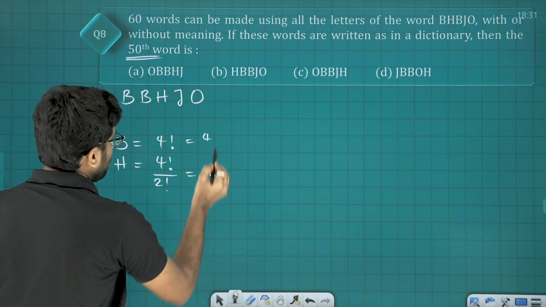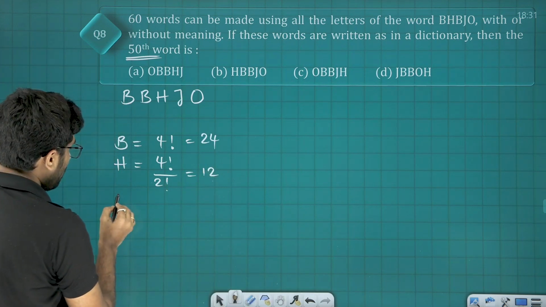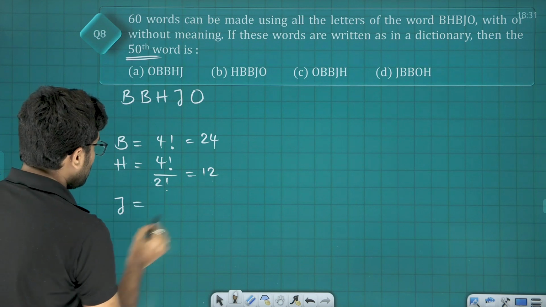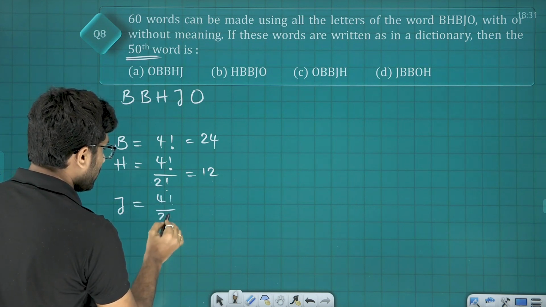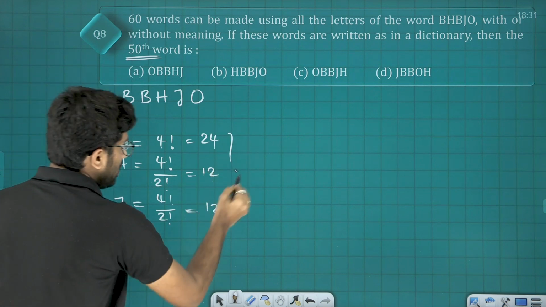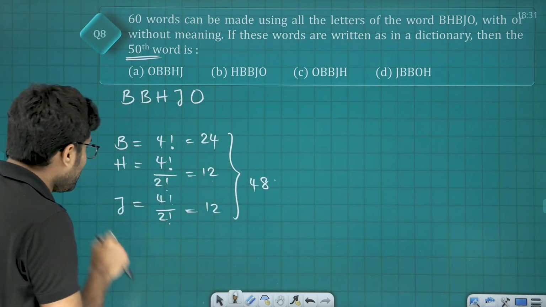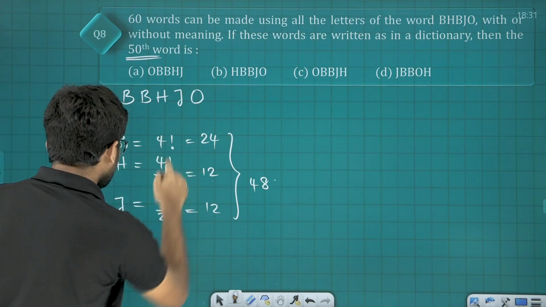Here it is 4 factorial, which is 24. Now the number of words starting with J will be again 4 factorial divided by 2 factorial, which is again 12. See, 24 plus 12 plus 12 is 48. Now the 49th word will be starting with what?